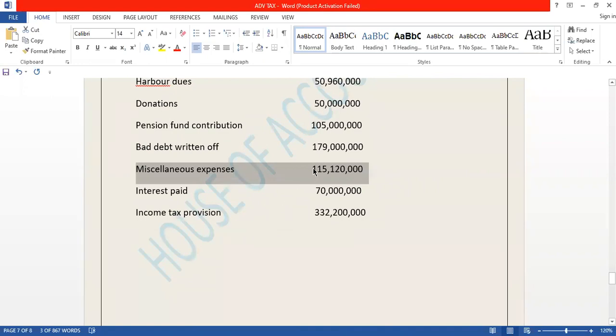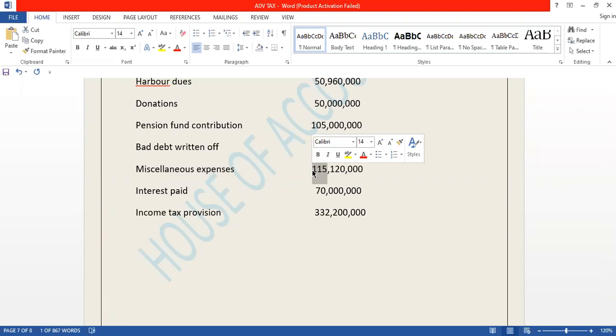What is the difference between 25,000 and this figure? 115 minus 25. 90. So that is the miscellaneous we have.